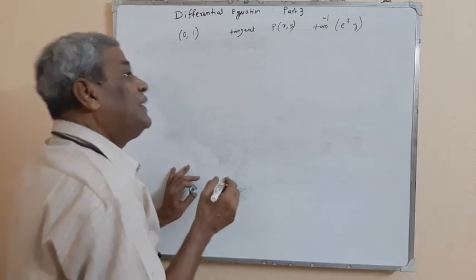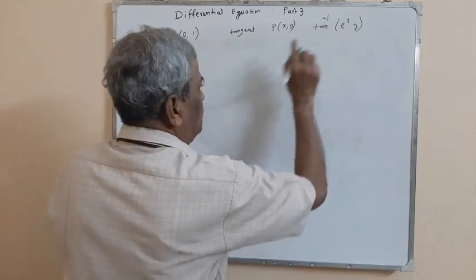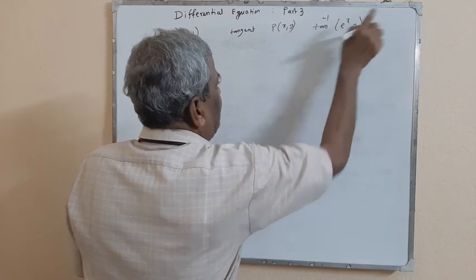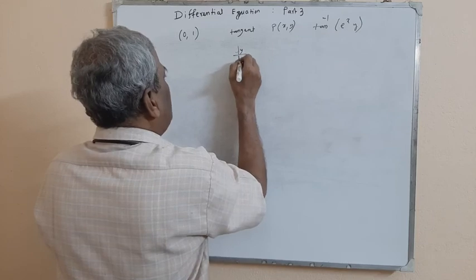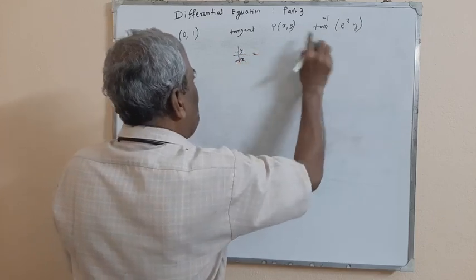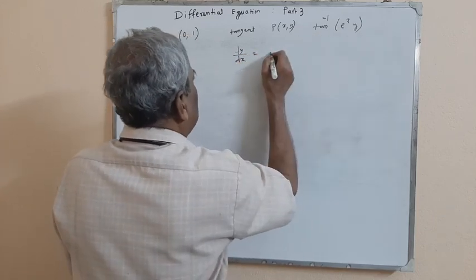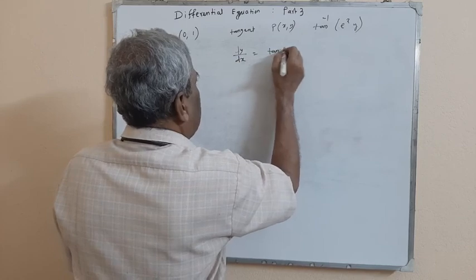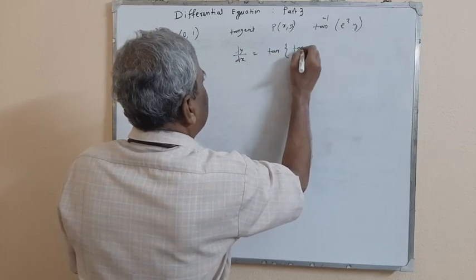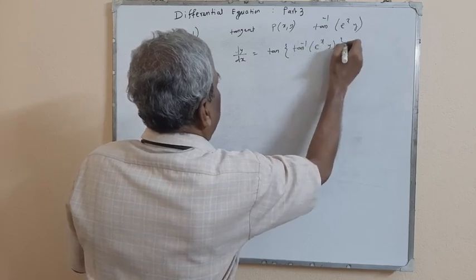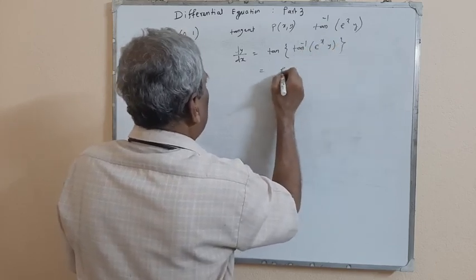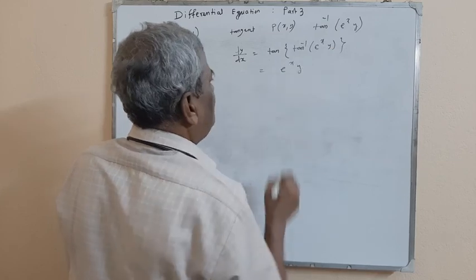The tangent at any point makes an angle with the x-axis. It means dy by dx is equal to tan of that angle. That is, we must have dy by dx is equal to tan of tan inverse of e to the power x into y, which is equal to e to the power x into y.